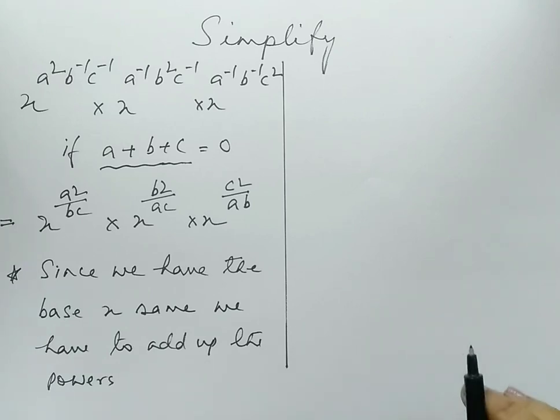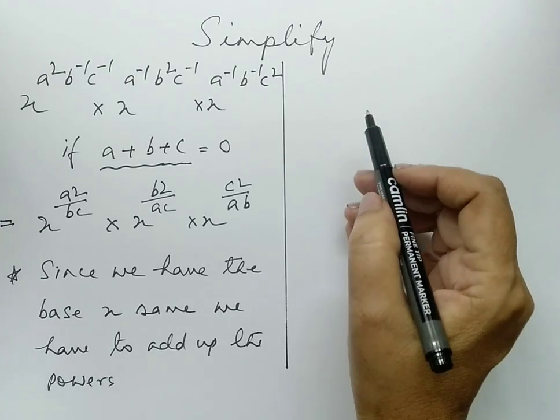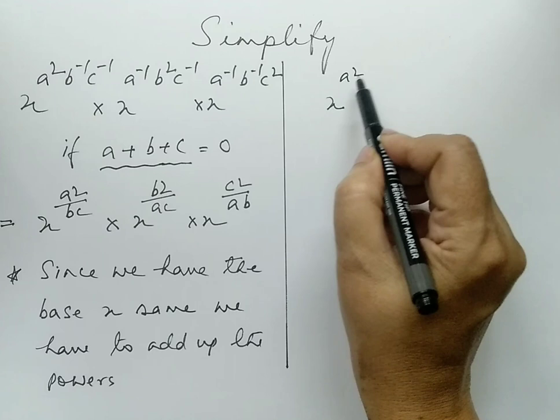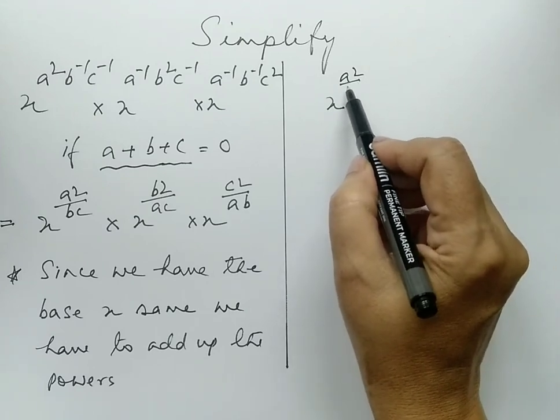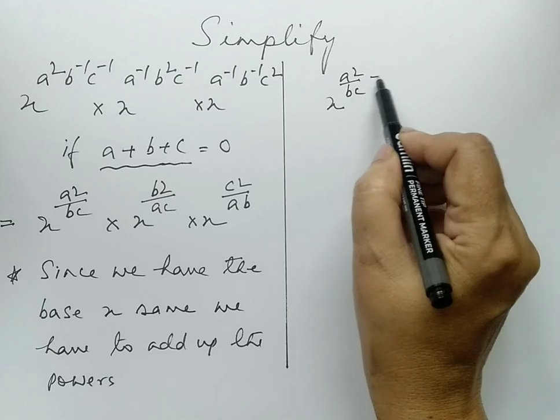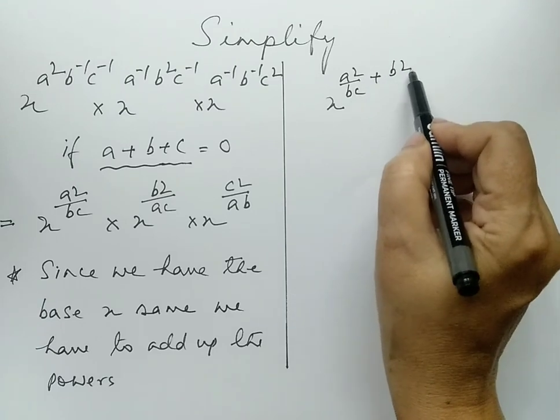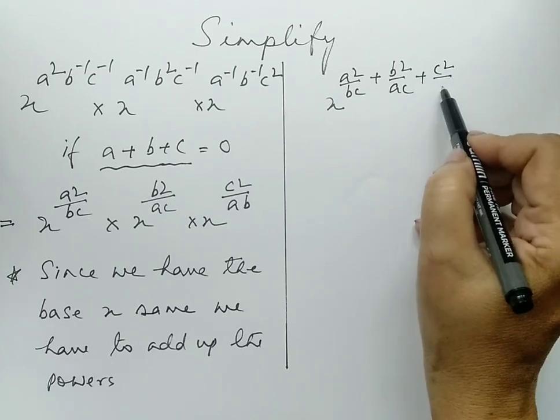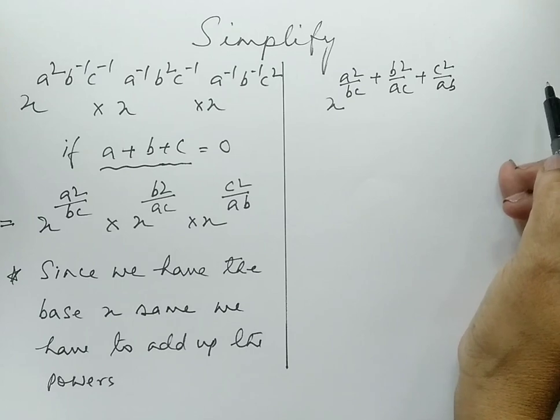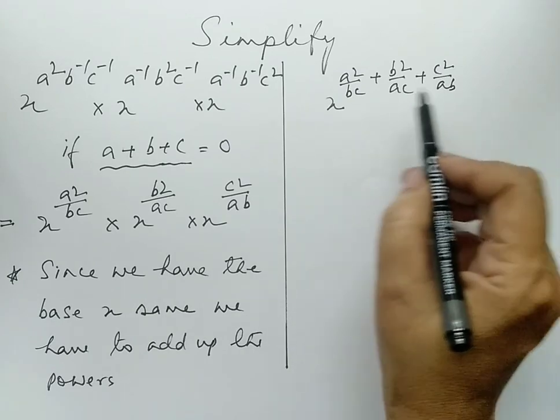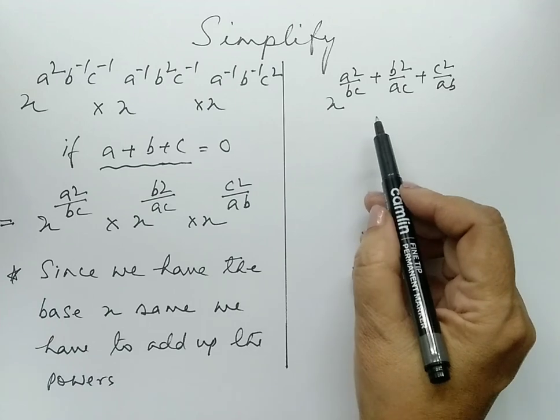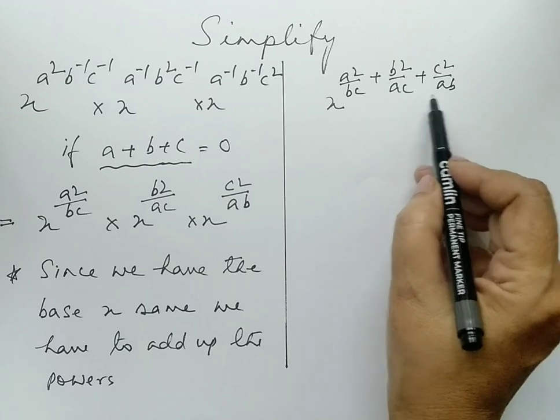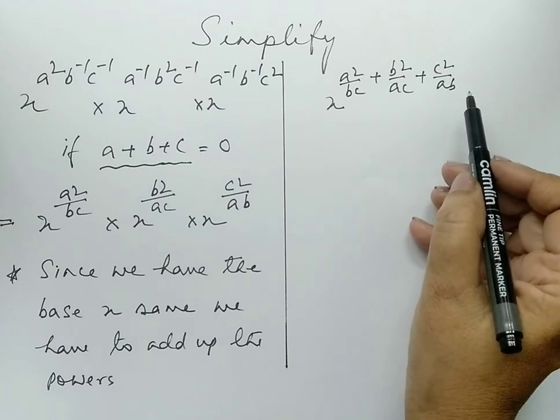Therefore we write x to the power a square upon bc plus b square upon ac plus c square upon ab. Having written this, we need to simplify the whole thing, which means we have to find the LCM of bc, ac and ab. Got it?